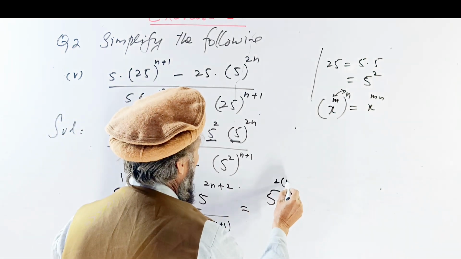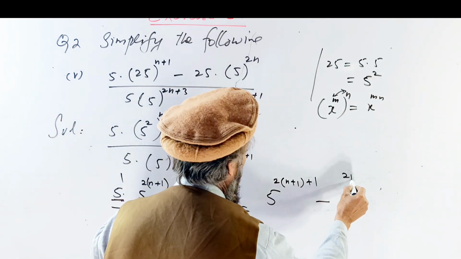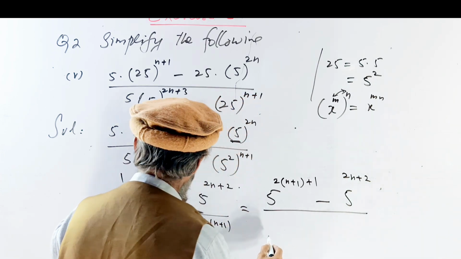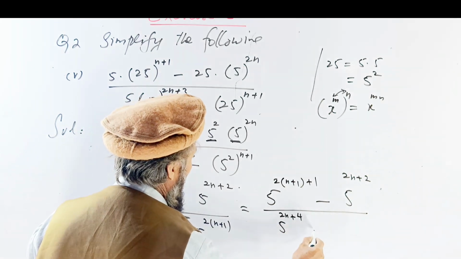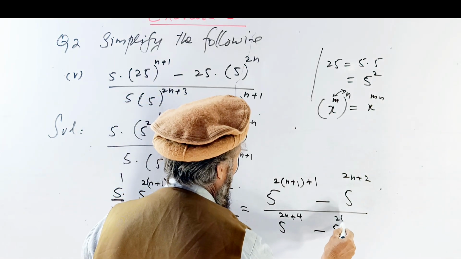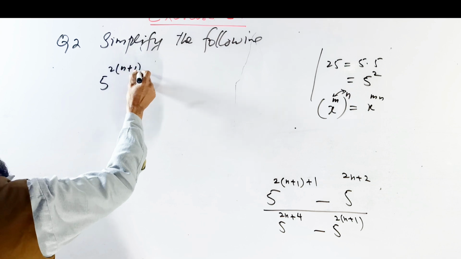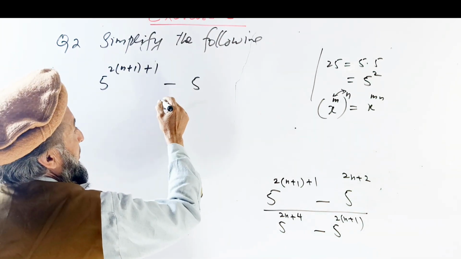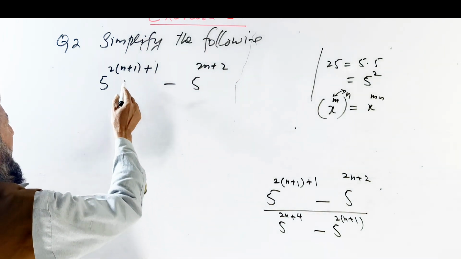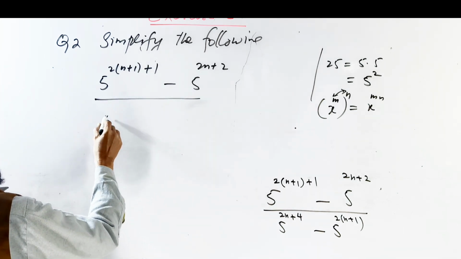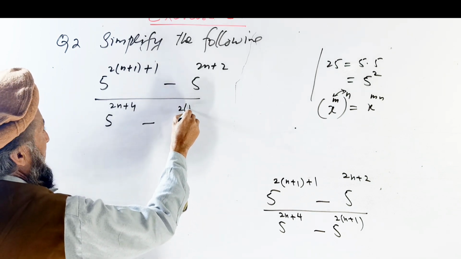Here 2 into n plus 1, and 5 power 2n plus 2 divided by 5 power 2n plus 4 minus 5 power 2n plus 1.